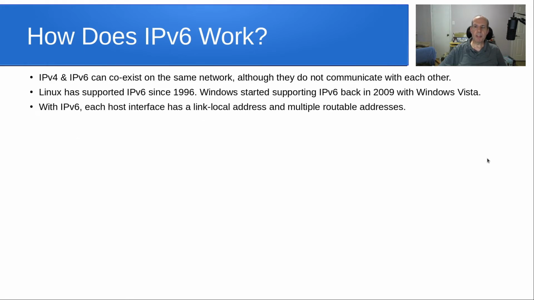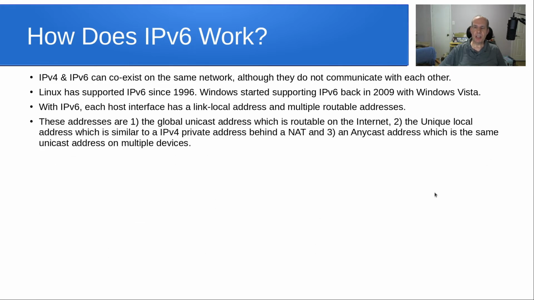With IPv6, each host interface has a link local address and multiple routable addresses. These addresses are the global unicast address, which is routable on the internet, the unique local address, which is similar to the IPv4 private address that you have on a NAT, and finally an Anycast address, which is the same unicast address on multiple devices.